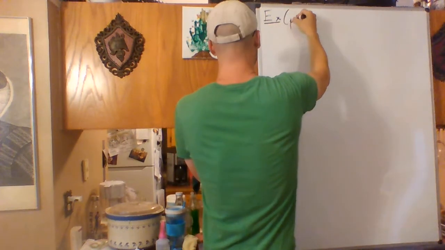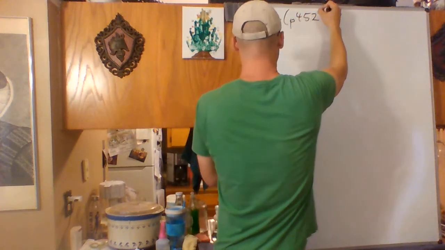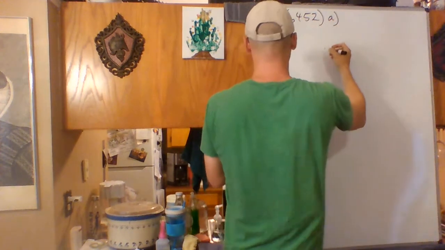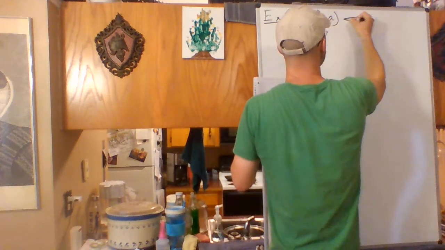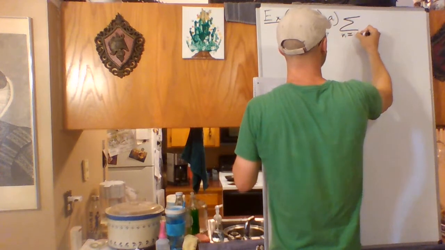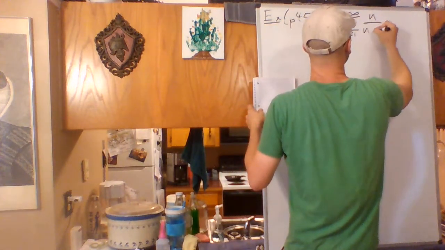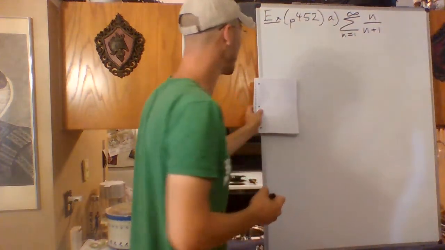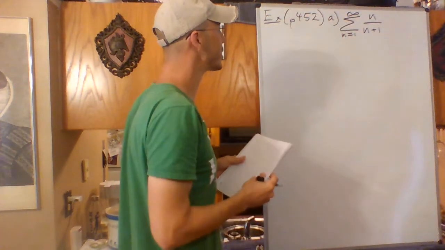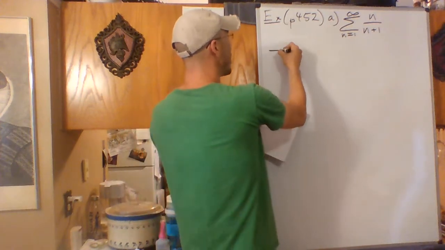So from page 452, this is part A, and we're going to look at the series, the sum from n equals 1 to infinity of n over n plus 1. Did not leave myself room there, so I'm just going to continue.